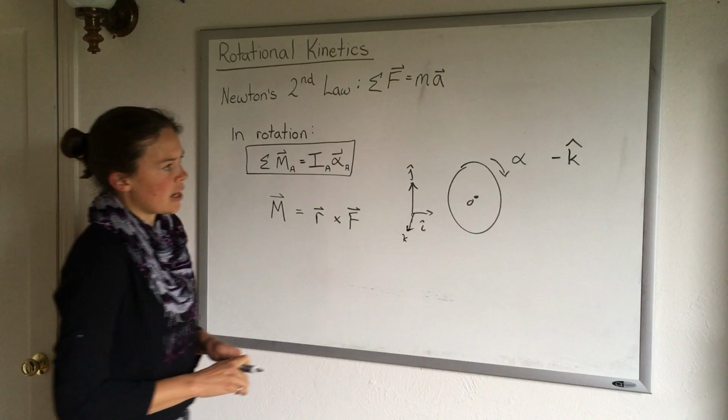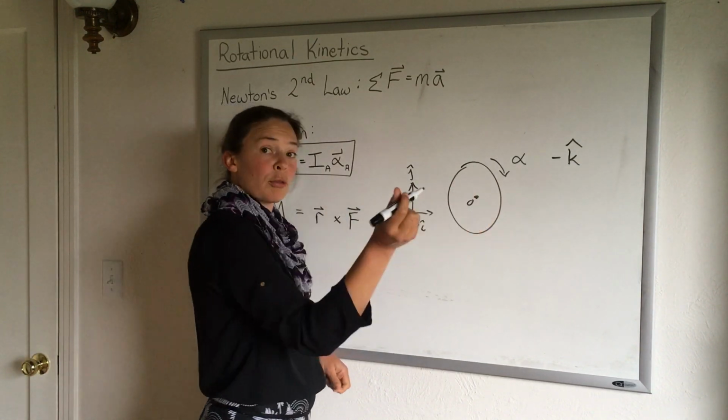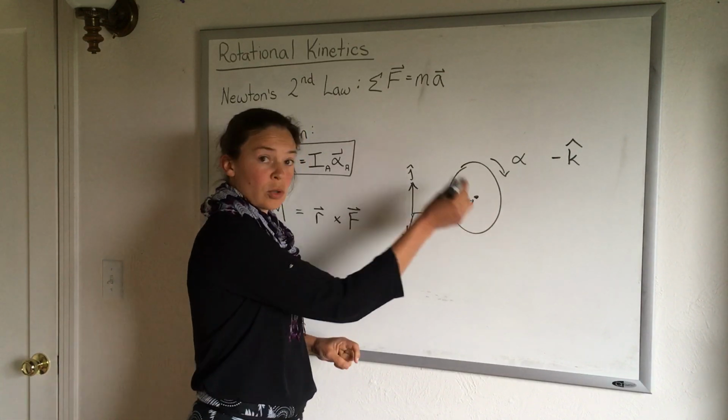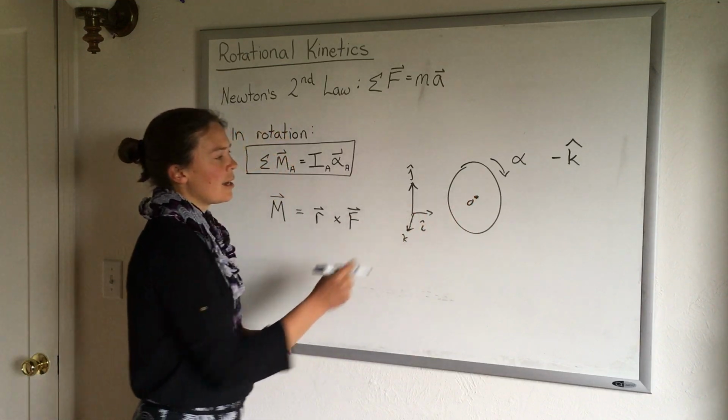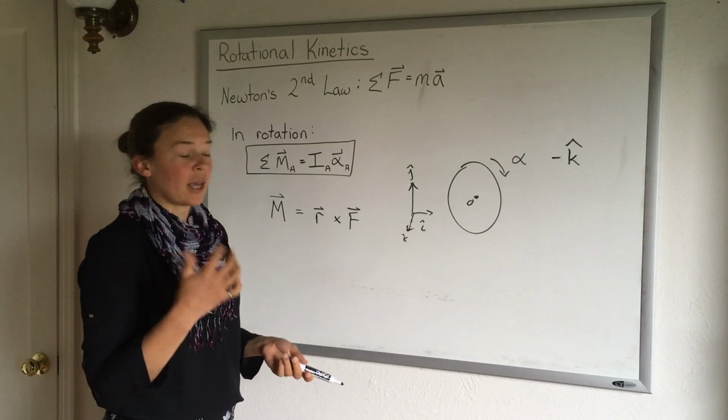This is my ijk. I think of these vectors as always going through the axis of rotation, so they'll be in and out of the board, straight through that rotational axis. And then we can always use the right-hand rule to identify whether it's positive or negative.